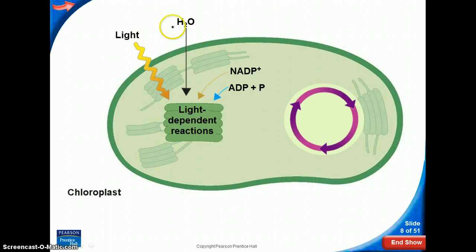Okay, and then all these ingredients come in and a light-dependent reaction happens. And we'll go through that in much more detail later on. As a result, you have oxygen being released, and that ADP becomes ATP thanks to that light energy, now an energy storage chemical. And we have NADP becoming NADPH.